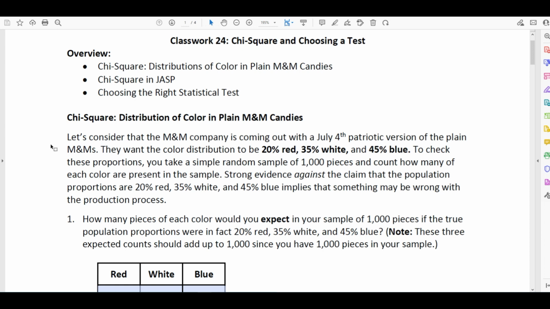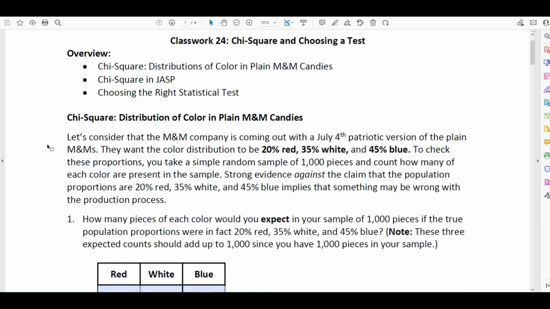We'll also work on running through that same chi-square analysis in JASP and identifying how to write up a chi-square analysis in APA style before wrapping up with a discussion of choosing the right statistical test. And as part of that discussion, we'll go through several different scenarios and identify what test would be appropriate for each scenario given.